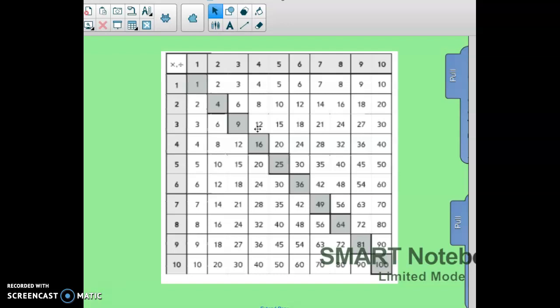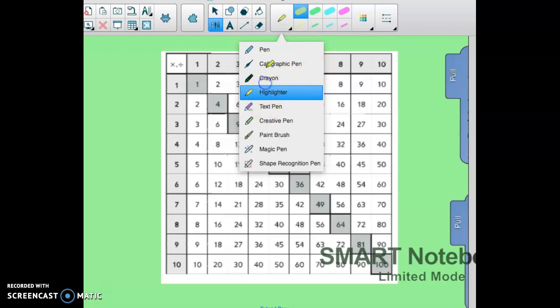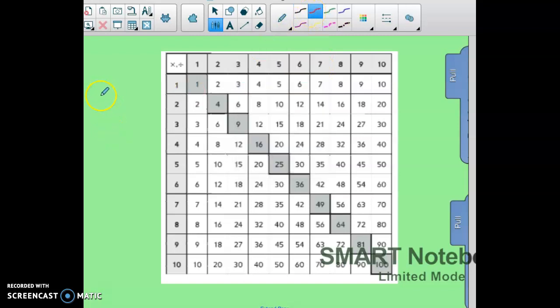Every product, I should say, has at least 2 product pairs. Every product has a product pair with 1 and itself, plus the turnaround rule applies. So the factor pair for 11 would be 1 times itself, or 11 times 1.